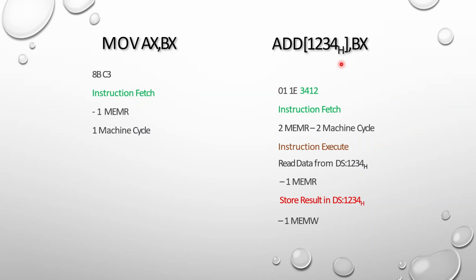As the processor is sending this result to the memory location, this will be of type memory write. So this instruction put together requires 4 machine cycles, out of which 3 are of memory read type and 1 is memory write. Hope these examples are clear and help you calculate the number of machine cycles required by different types of instructions.